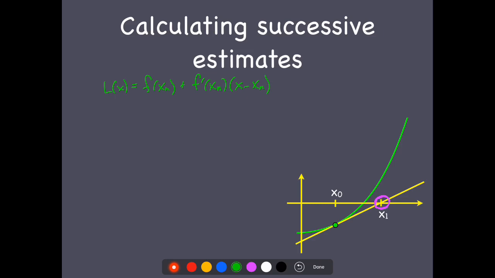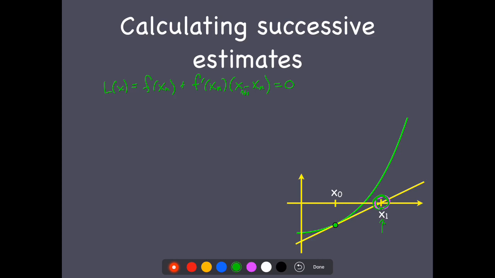And we want to set this equal to 0 because we're interested in this point right here. So when is the line at a 0 height? And we want to find the x value of that. So this x right here will be the x1, or xn plus 1, I should say. So I can actually put that in as xn plus 1.